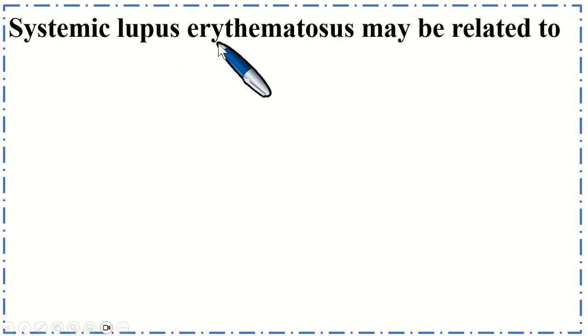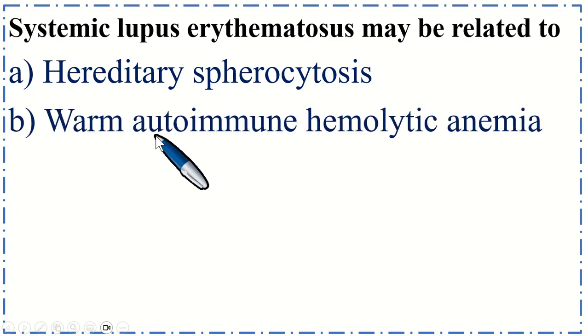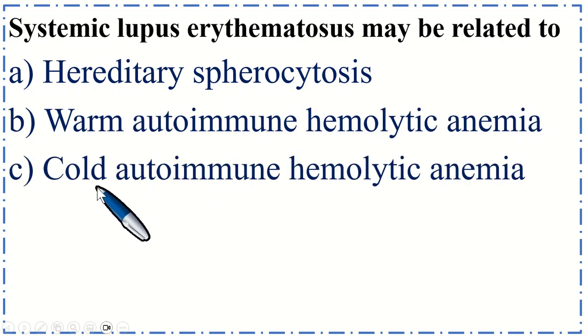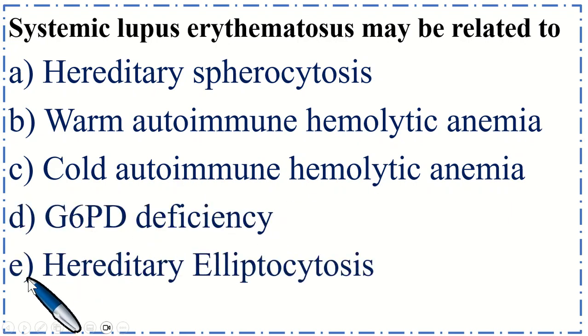Systemic lupus erythematosus, SLE, may be related to option A hereditary spherocytosis, B warm autoimmune hemolytic anemia, C cold autoimmune hemolytic anemia, D G6PD deficiency, and option E hereditary elliptocytosis.